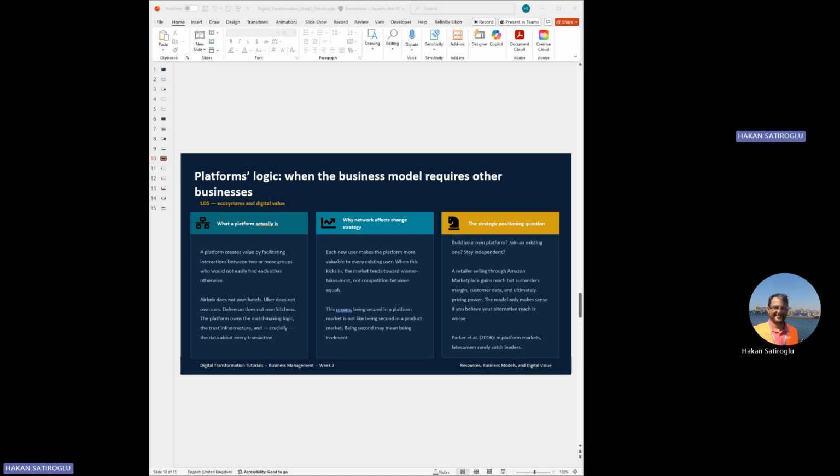In a normal market, being second or third can still be fine, but in platform markets, once enough users are gathered in one place, that platform becomes more attractive simply because everyone else is already there. More buyers attract more sellers, and more sellers attract more buyers, like an equilibrium, stimulating each other.